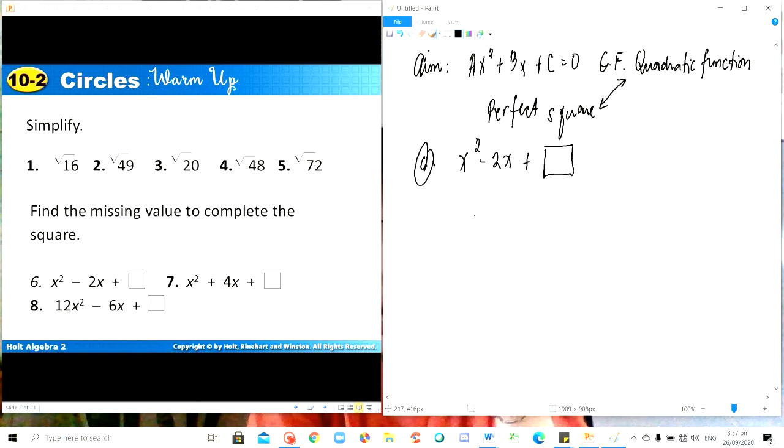Okay, so let me first give you an example of a perfect square. Let's say you have x squared plus 10x plus 25.